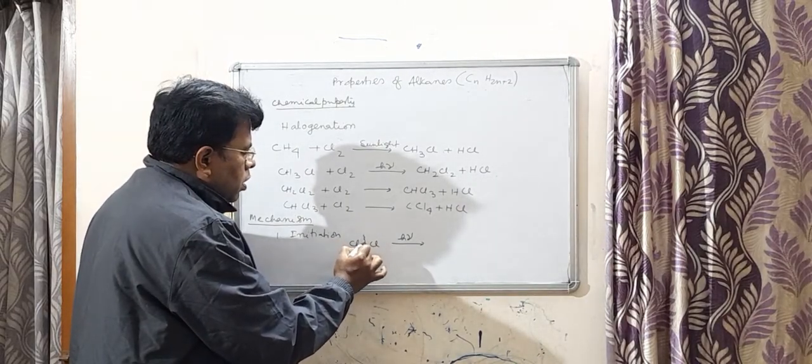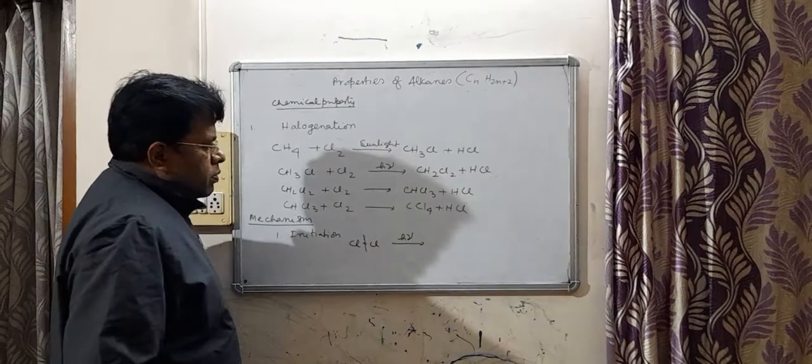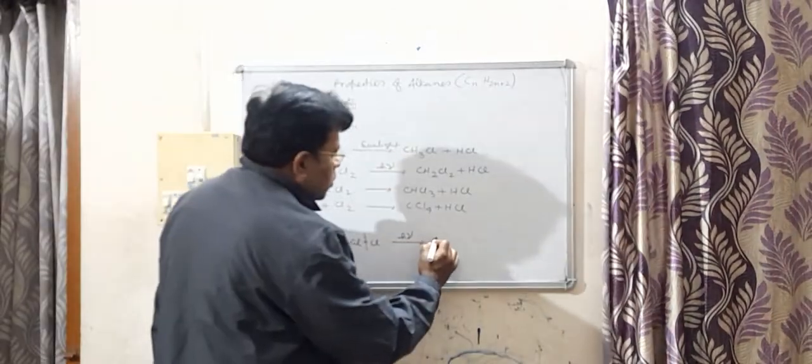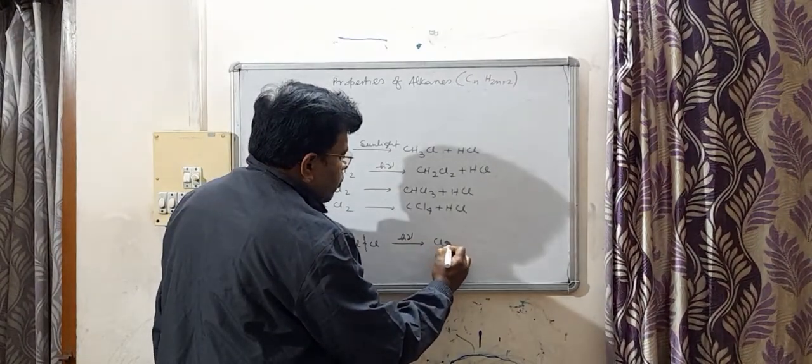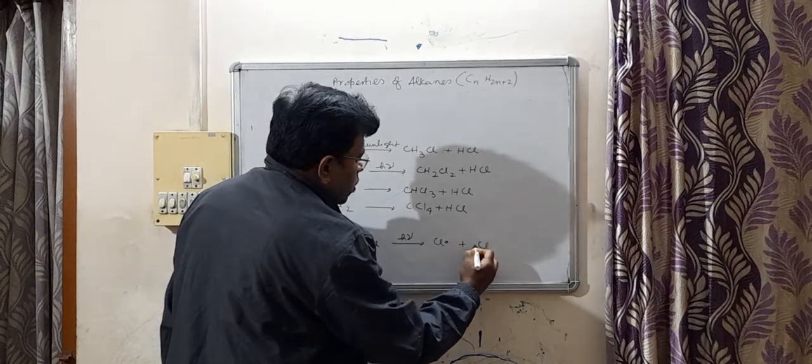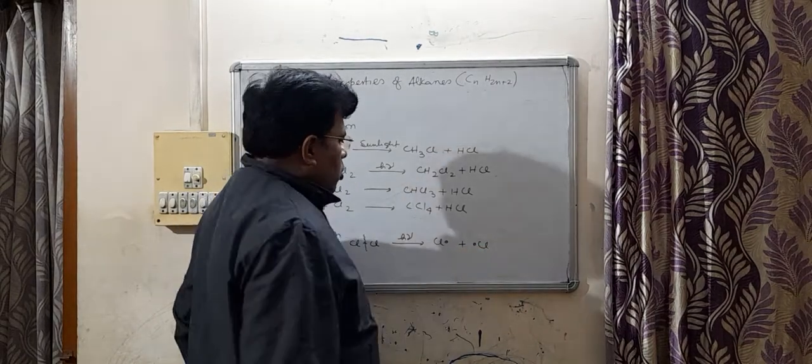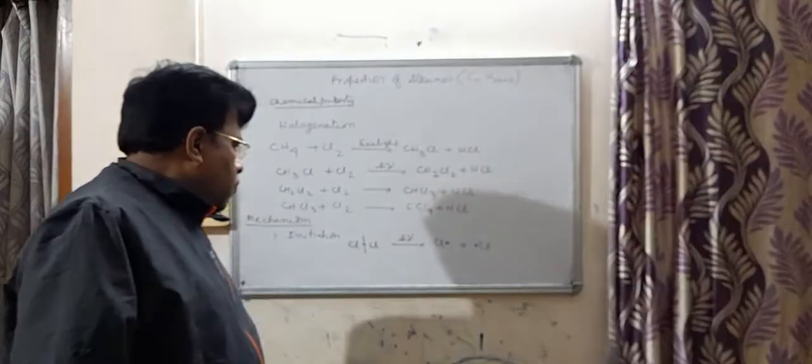The bond breaks in the middle, so chlorine free radicals are formed.